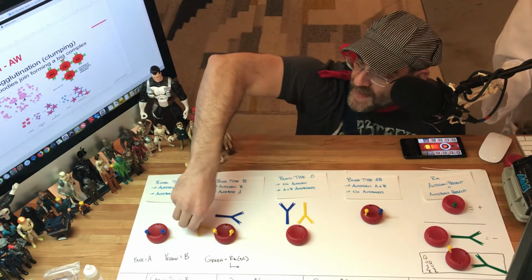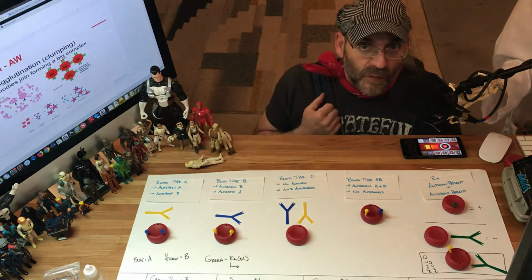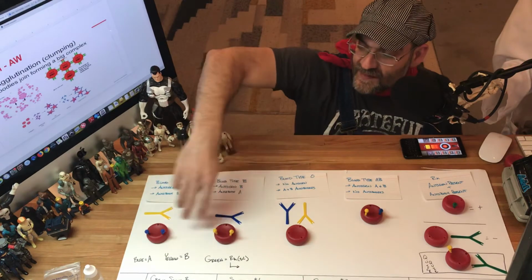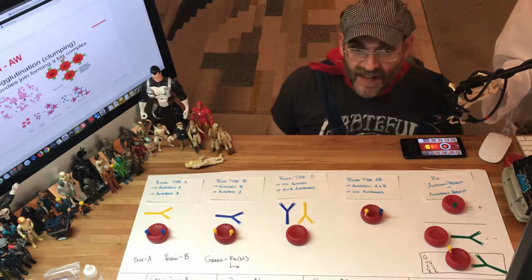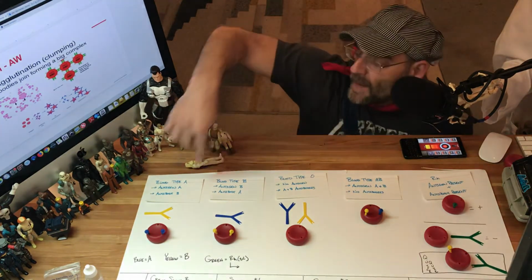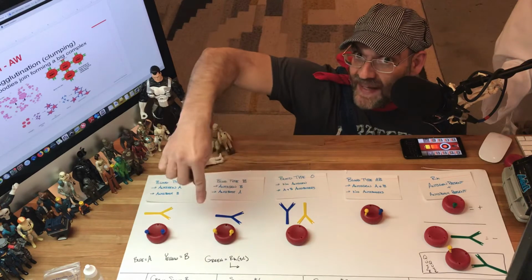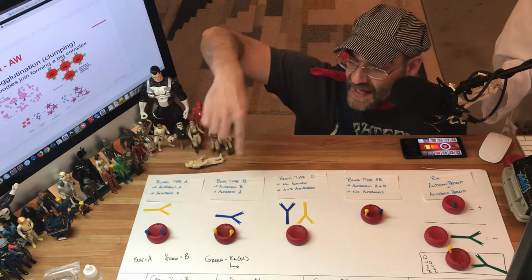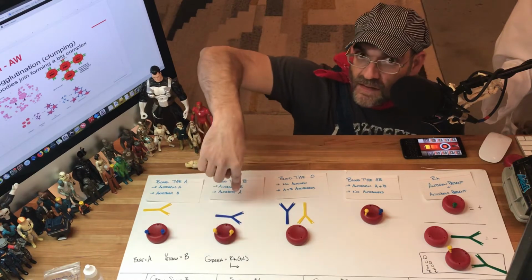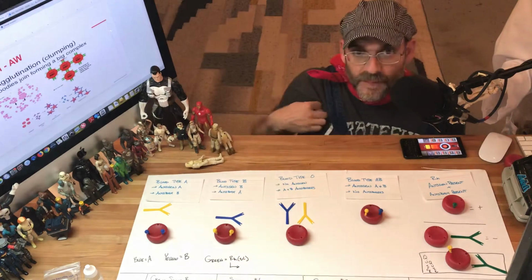So that's why a person with type A blood can't donate to a person with type B blood, because their antigens and their antibodies want to attack each other or do what's called agglutinate and clump. So blood type A has A receptors or A antigens and B antibodies, where blood type B is the opposite, B antigens and A antibodies.